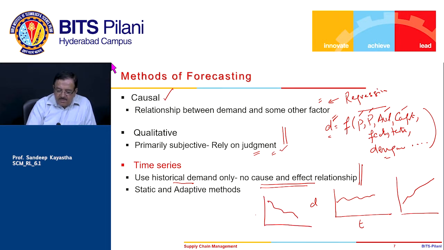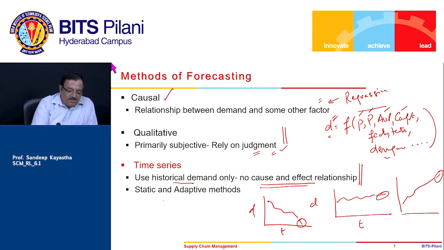And looking at this demand in the past, we will try to see if there is some pattern. If we can identify a general pattern, then we will make a forecast. In this case, probably this will be our forecast. And then we will use these insights that we get about the patterns to make the forecast.